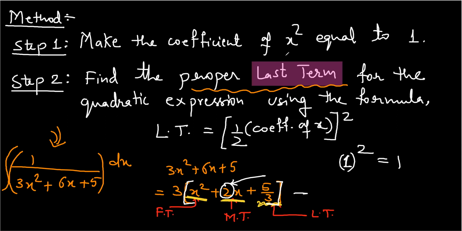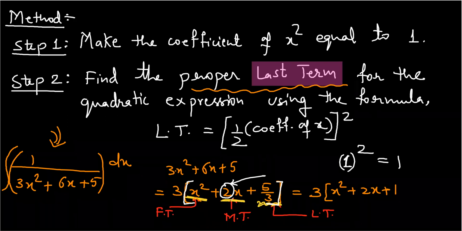The next step is 3, then x square plus 2x plus 1. I write 1 because x square is the first term, 2x the middle term, but the proper last term is 1. So after 2x I am writing 1.